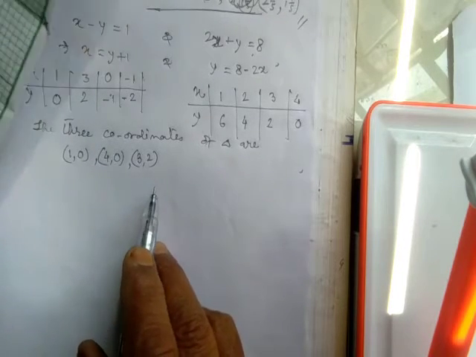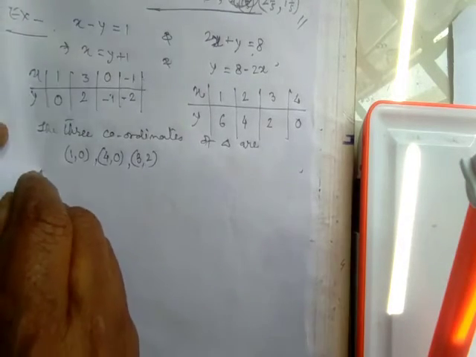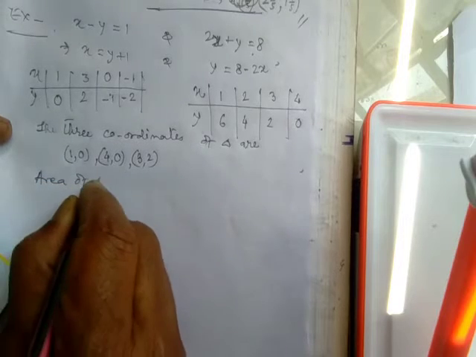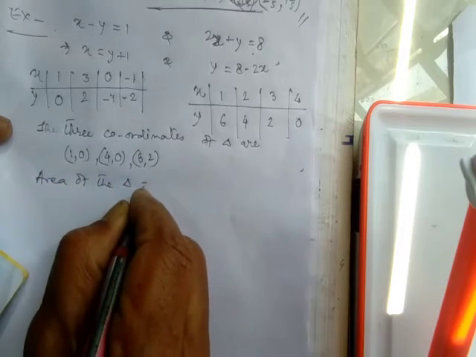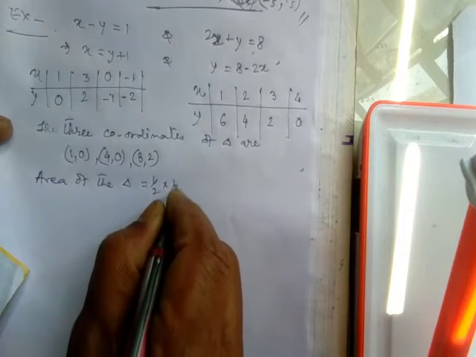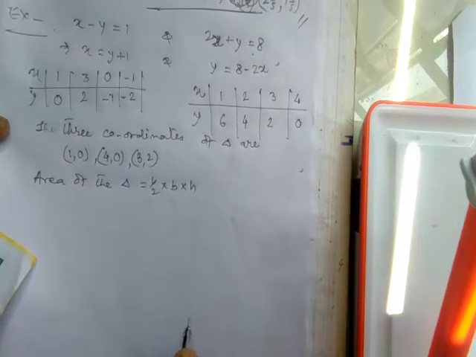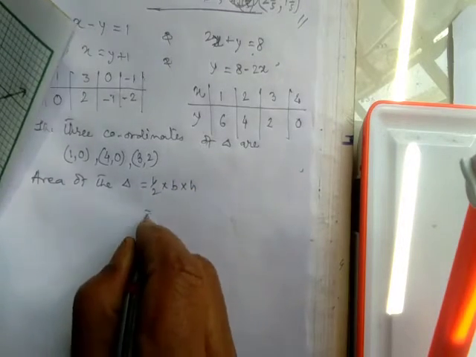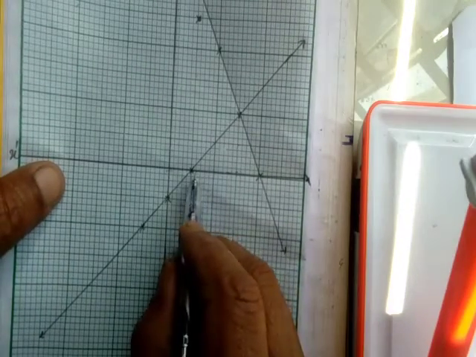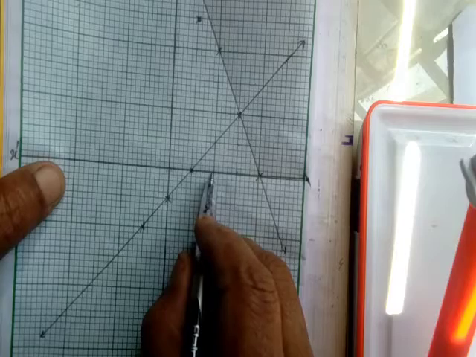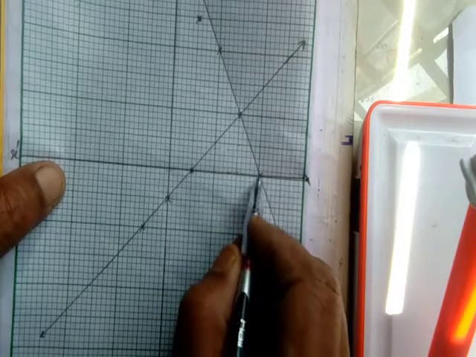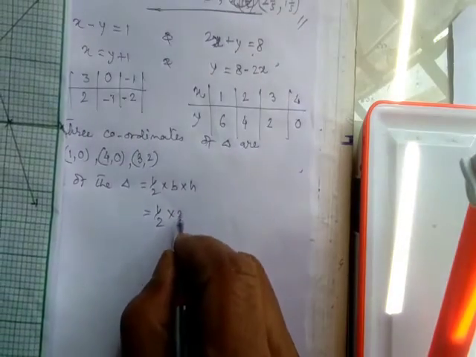Now you are asked to find the area of the triangle. Area of the triangle is equal to half into base into altitude. So this is half into base. From here to here, 1, 2, 3, the base is 3.